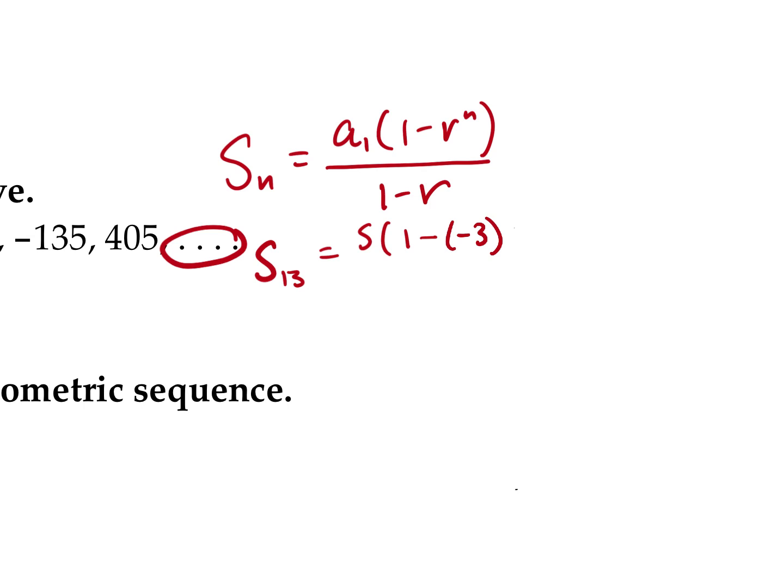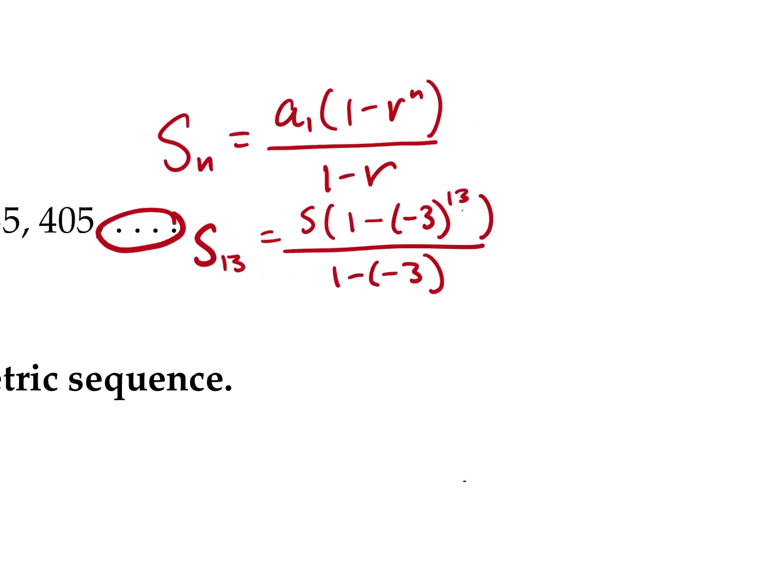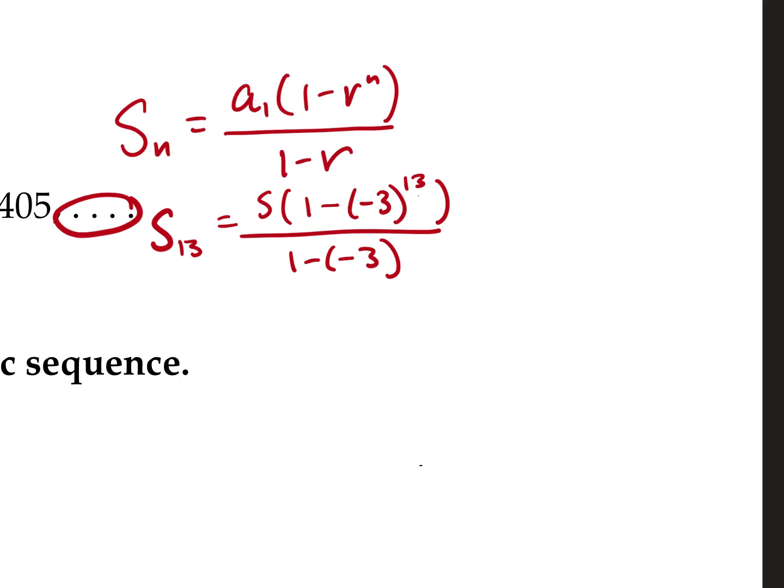How many terms? 13. Over 1 minus -3. So be careful when putting this in your calculator. You have to do the exponent first, and then do 1 minus that number, multiply it by 5, and then divide it by 4. So what do you get for this one?